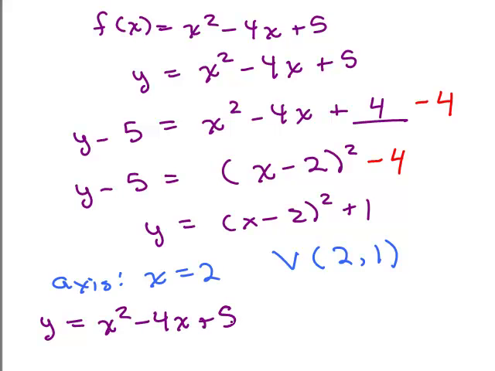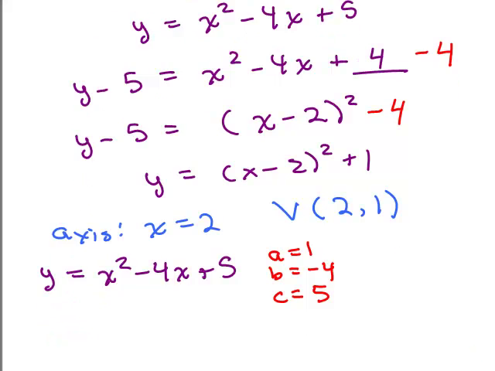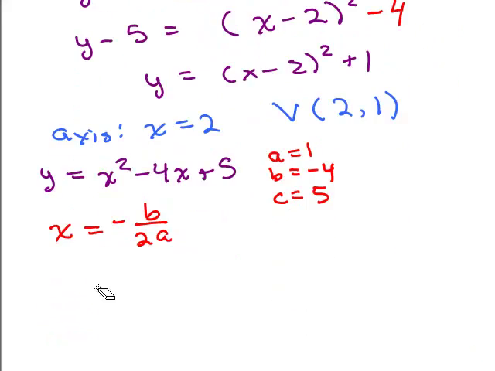And if we use the coefficients, a equals 1, b equals negative 4, c equals 5, I could use the formula x equals negative b over 2a. All right, b is negative 4, so I have the opposite of negative 4 over 2 times 1. So I basically get 4 over 2, or 2. So I get x equals 2, right?